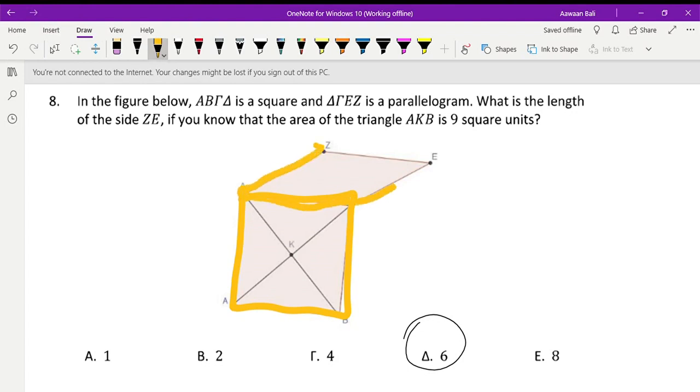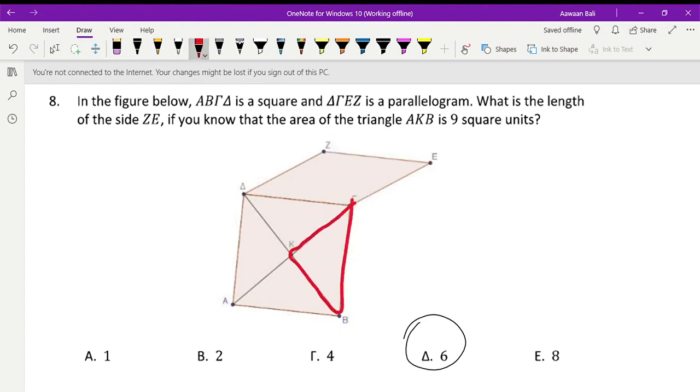And it's asking the length of this side if you know that the area of this is 9. Okay, so basically, since we read in questions like these, we have to think we need to piece things together.